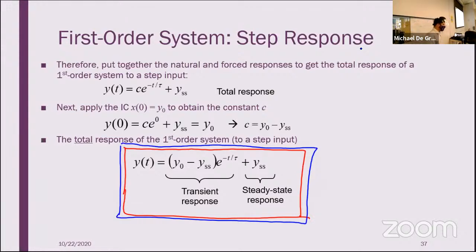And you're left with y steady state, which I think makes sense. You put a step input of 2 volts into your RC circuit, you're going to get a constant voltage out of that circuit. Depends on your resistance and your capacitance, but you'll get something.